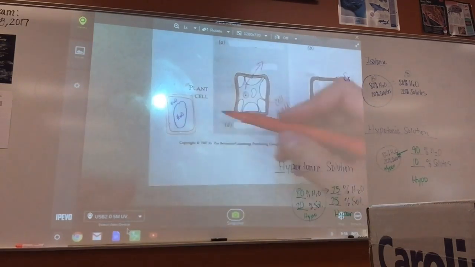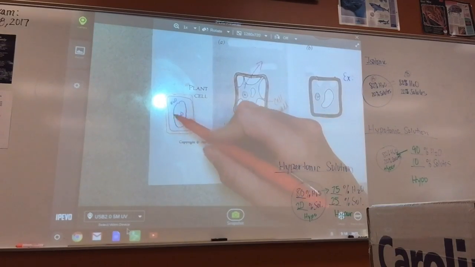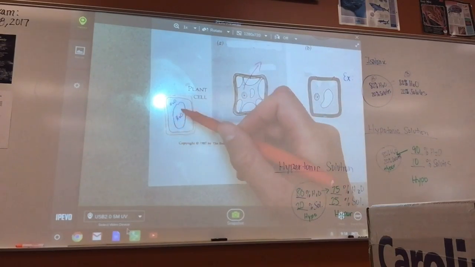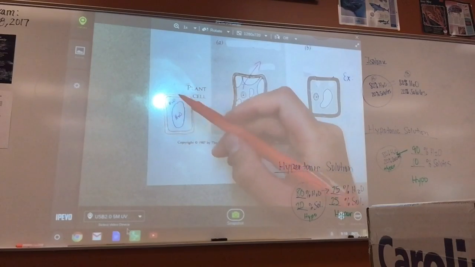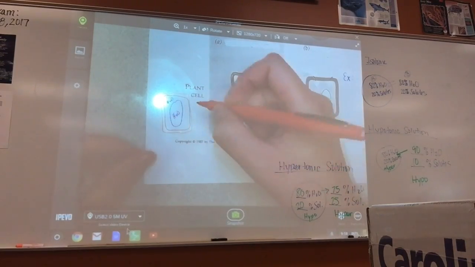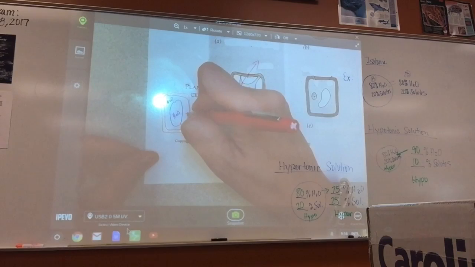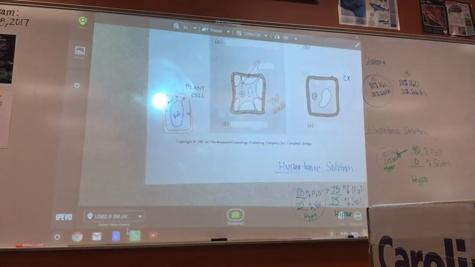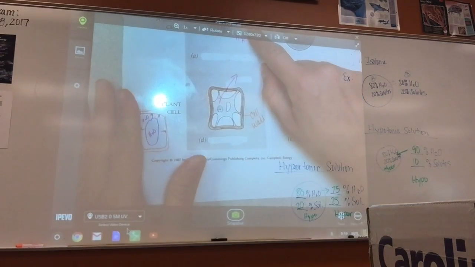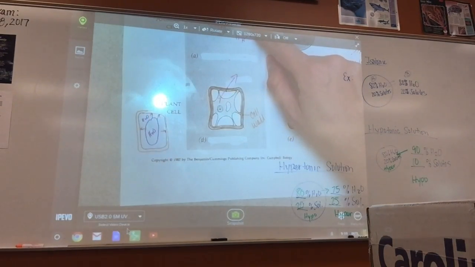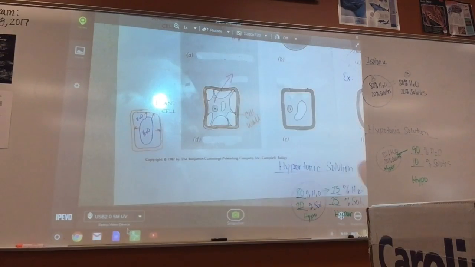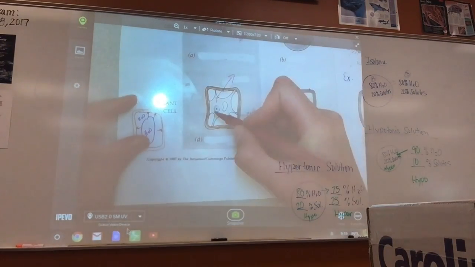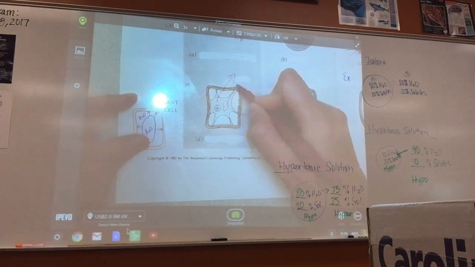And so what happens is normally, when the plant cell has water, the central vacuole is filled up, there's a lot of water in the cytoplasm, and it's putting pressure against the cell membrane, and the cell membrane butts up right against the cell wall. But when a cell is placed in a solution that has a lower concentration of water, the water leaves the cytoplasm, but also the central vacuole.